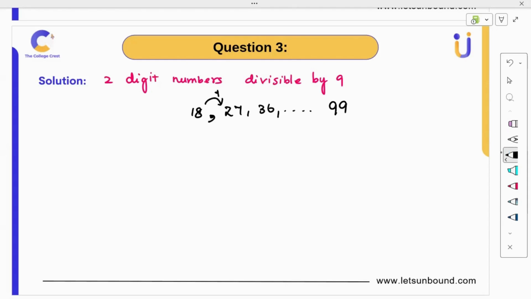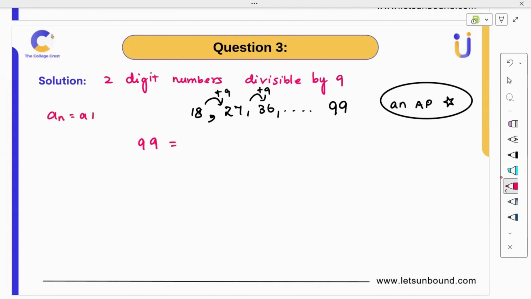So that's it. We generated a sequence. This is also, I added 9 to generate the sequence. This is also an AP, starting at 18, and now how many terms are divisible by 9? For that, I'm using this formula, an is a plus n minus 1 times d. You know what the last term is, but we don't know what the position is.